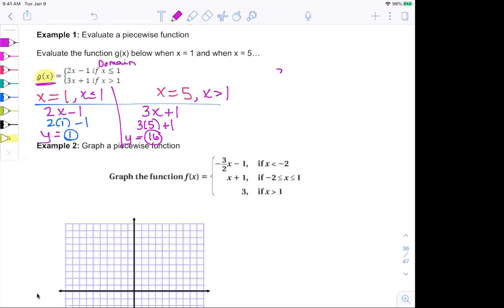So we found g of 1 to be 1. We found g of 5 to be 16. So finding y, you're really finding g of x. I know it's weird because it looks totally weird. But yes, once you find that y value, you're done. You really found the g of whatever number you're looking at. Good question.